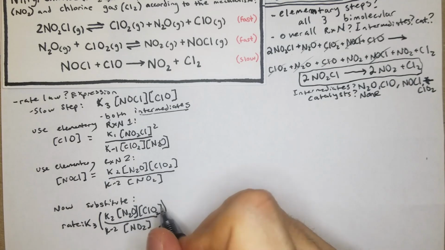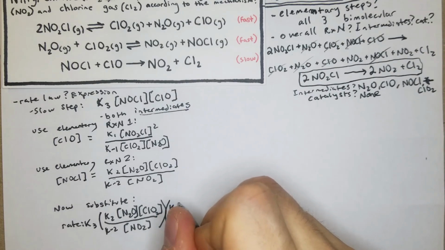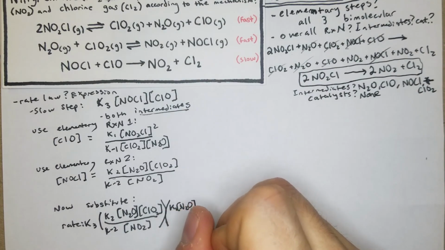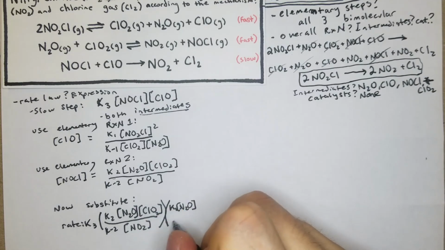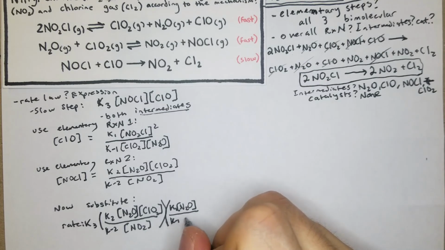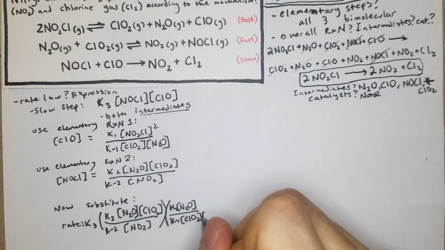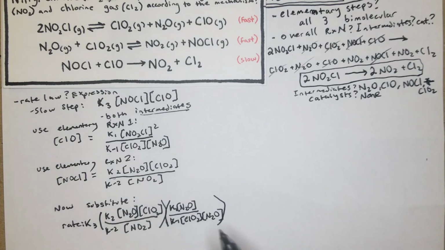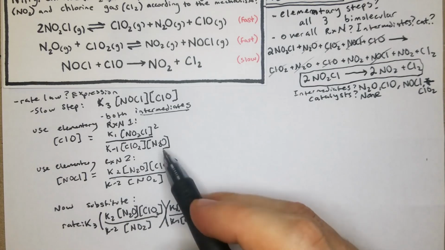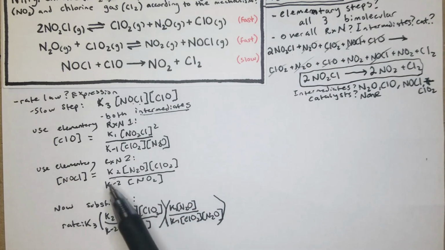We're just taking that from there, and then subbing in here, we have K1 of N2O, and we have our ClO. We have our K minus 1, ClO2, and our N2O. All right, so it's getting a little bit messy here, but essentially we're just putting these two things together. Instead of the NOCl, ClO, we're expressing them as their expanded out elementary rates.